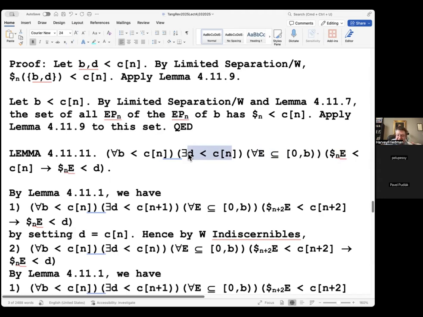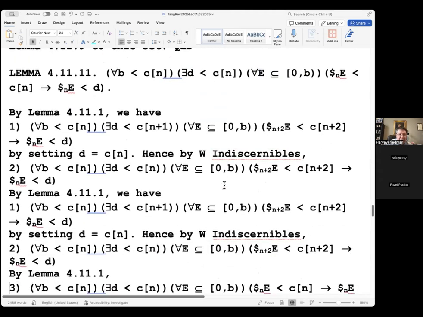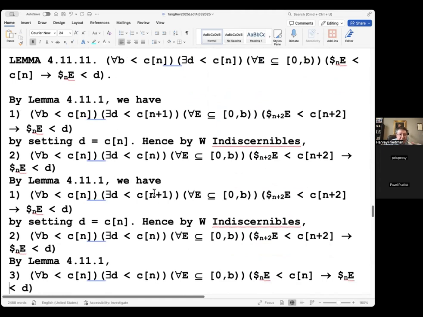And we already did something very close to that, if you remember, in 4.11.1, the first thing we did. And so this is essentially redoing that, putting that in this context. I mean, you have to do a little bit more work, but you can see it's basically all this.